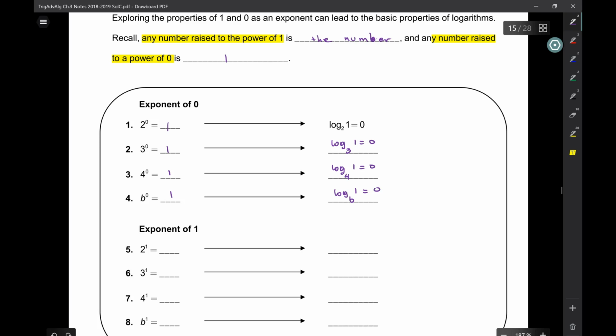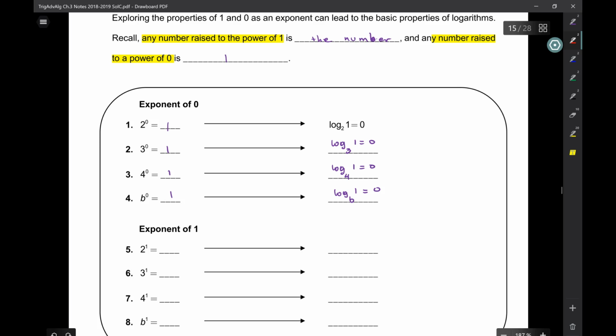What do you notice? What's an inference you can make? The answer to the log is always 0, because the exponent is 0. Does it matter what the base is? Whether it's 3 or 2 or 4 or B, it doesn't matter. No matter what the base is, log of 1 is always 0.